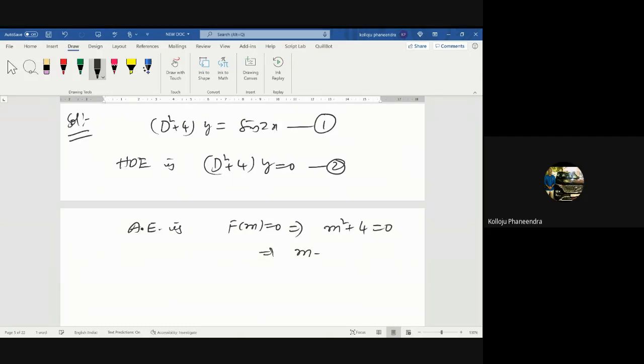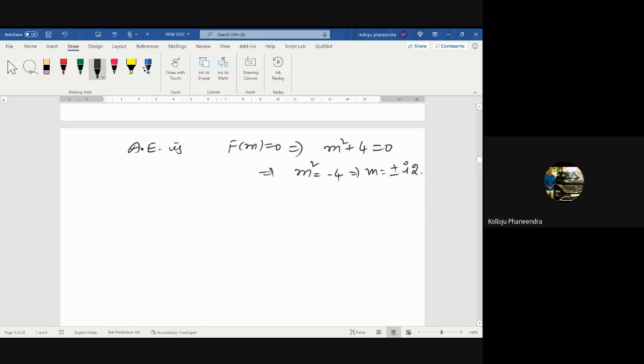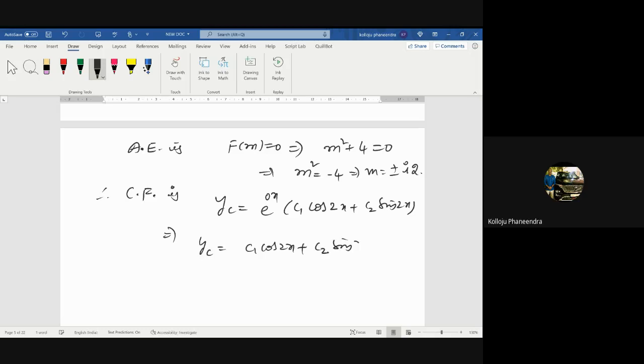That is m square equal to -4, m equal to plus or minus 2i. So there is no real part. Real part is 0. Therefore, the complementary function is yc equal to e power 0x, c1 cos 2x plus c2 sin 2x. That implies yc equal to c1 cosine 2x plus c2 sin 2x.